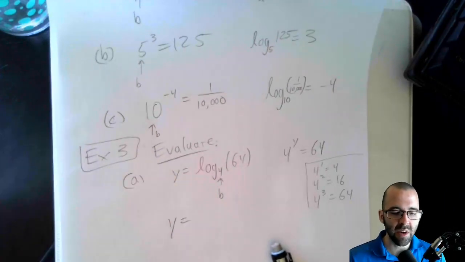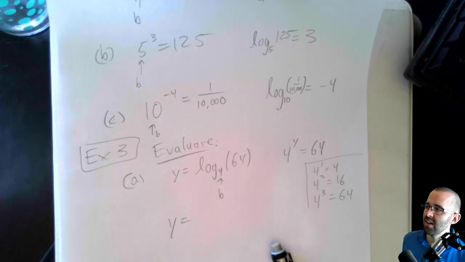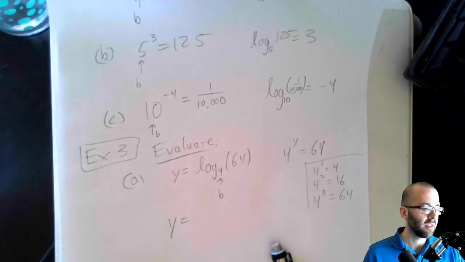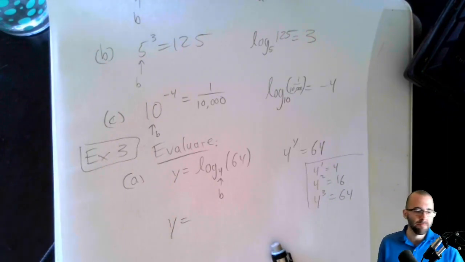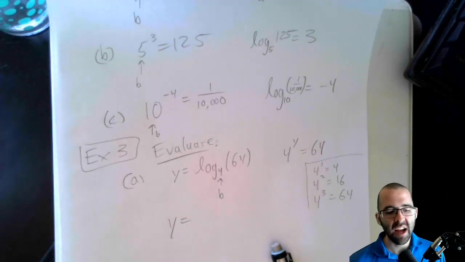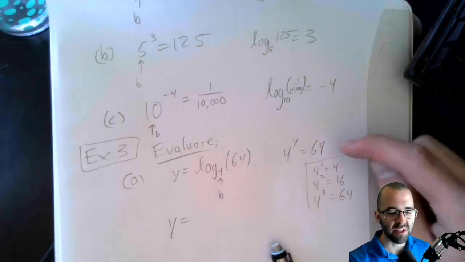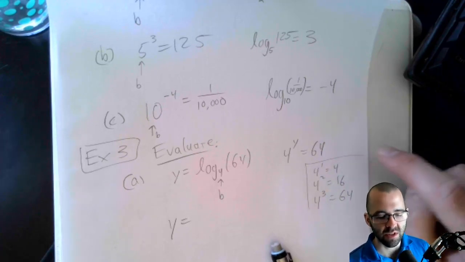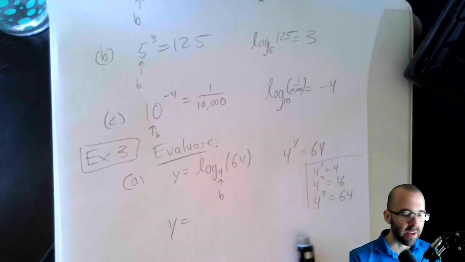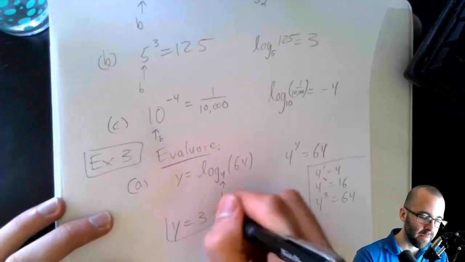So what's our answer going to be for part A? Essentially, we have to ask ourselves, 4 raised to what power is going to give us 64? Yeah, it's 3. Very good.